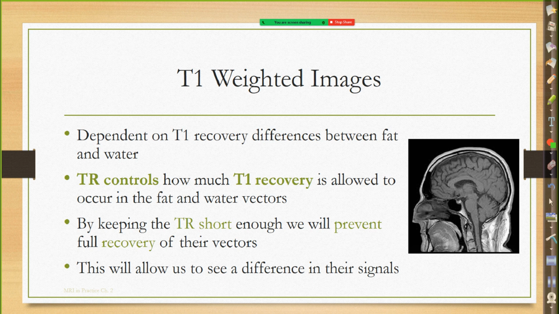So by keeping TR short enough, we will prevent full recovery of all the vectors. So this will allow us to see the difference in their signal. So we're going to highlight T1 contrast. Okay, we're not going to diminish it because this is a T1 weighted image. So we need to highlight the contrast on a T1 recovery curve.